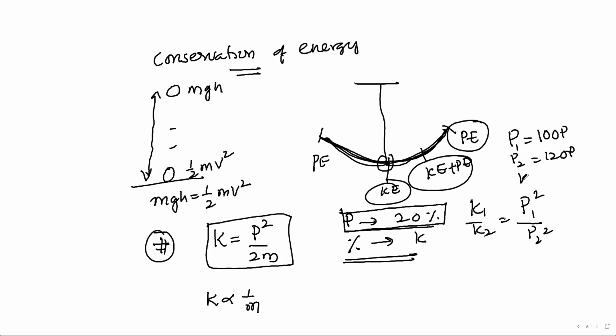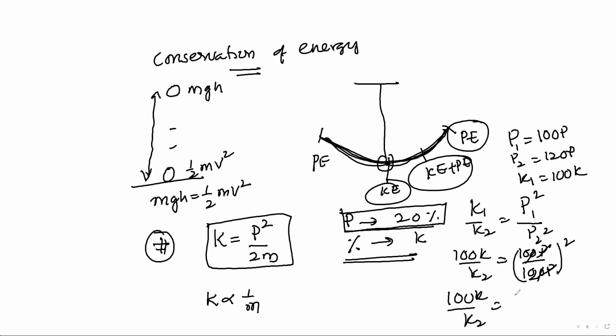So initial kinetic energy you consider as 100k. Then 100k divided by k2 is equal to (100p divided by 120p) whole square. The p's get cancelled. Finally, you get 100k divided by k2 equal to 100 divided by 12 square, which is 144. Finally, what you get? K2 equal to 144k.